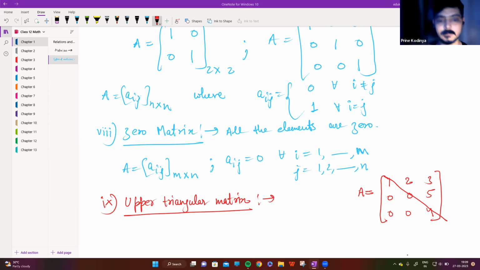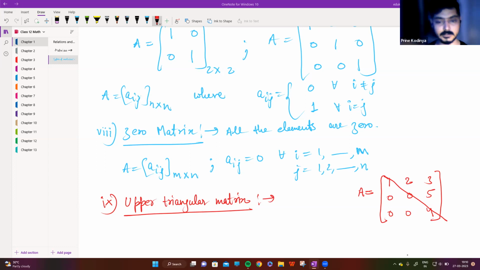If all are 0, then this will be a zero matrix only. So if all the lower triangular elements are 0 and the upper triangular elements plus diagonal elements contain at least one non-zero element, out of these 6, at least one must be non-zero, and out of these 3, all must be 0, then this will be an upper triangular matrix.